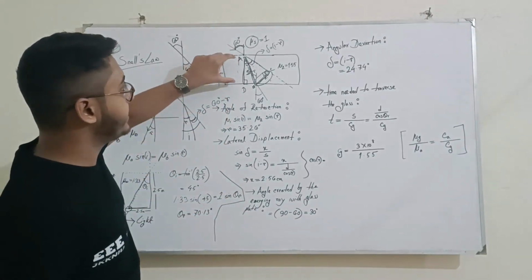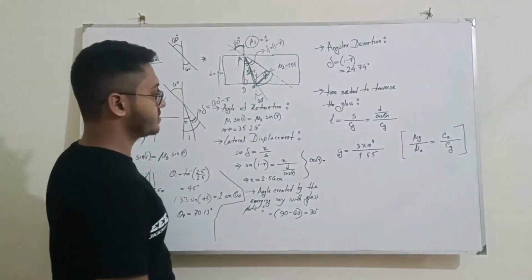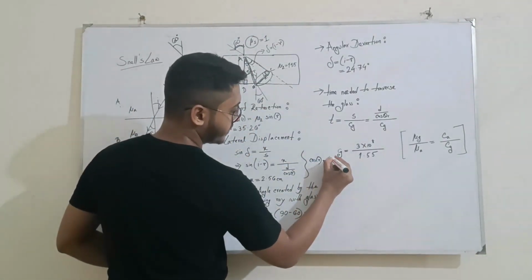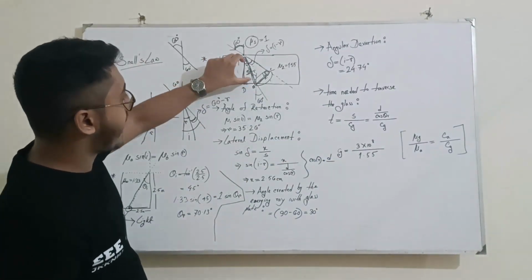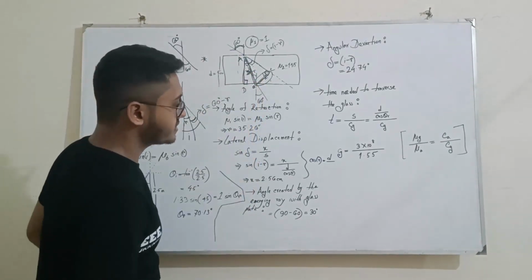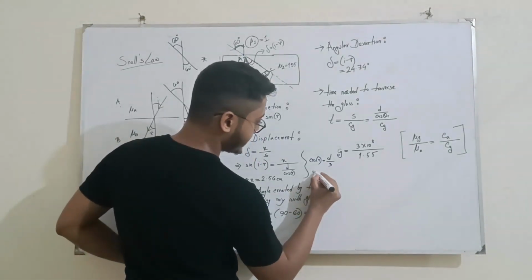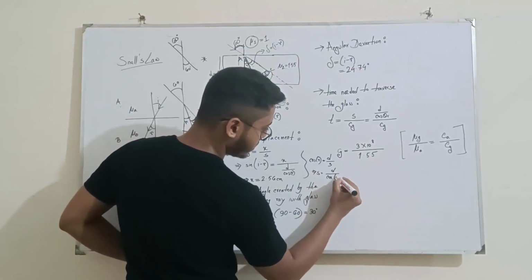And what was AD? AD was the thickness of the slab, and that's given as 5 centimeter. So we can write it as d by hypotenuse. Since this is the right angle, this will be the hypotenuse s. So we can say s is equal to d by cos r.